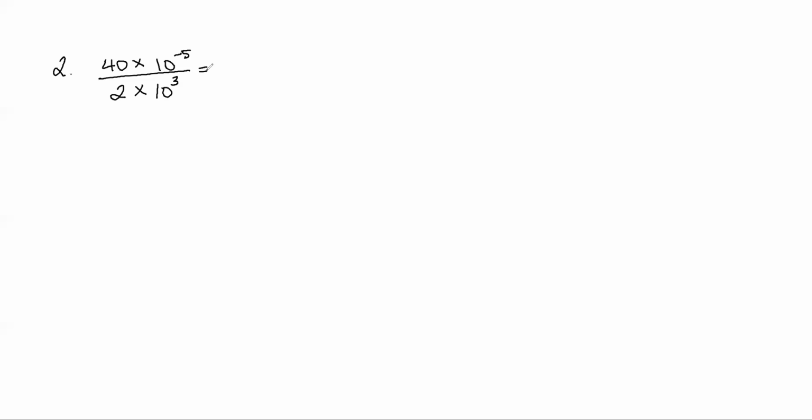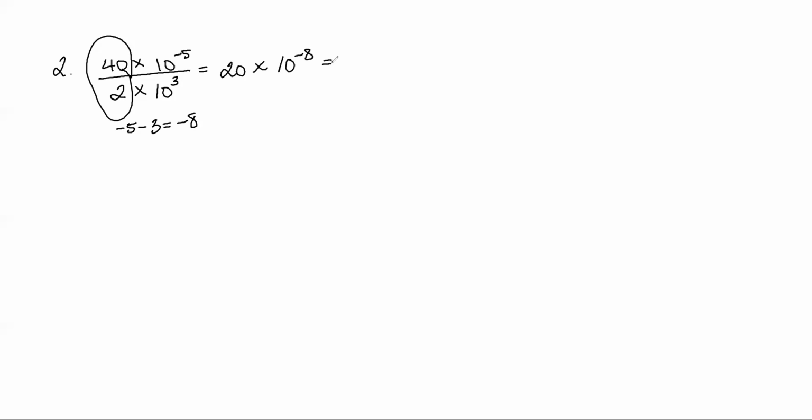If you notice the one on top, 40 is not a single digit number, so it's technically not in scientific notation right now, but let's go ahead and divide anyway. So if we divide the numbers in the front, 40 divided by 2 is 20. And now if we use our quotient rule and subtract, -5 minus 3 is -8, so times 10 to the -8.